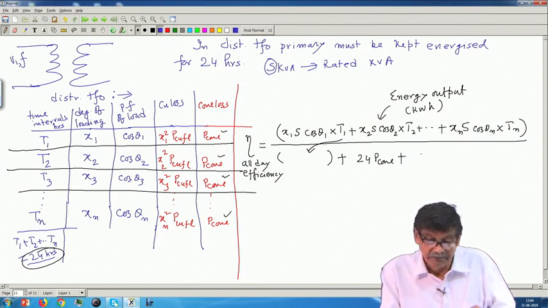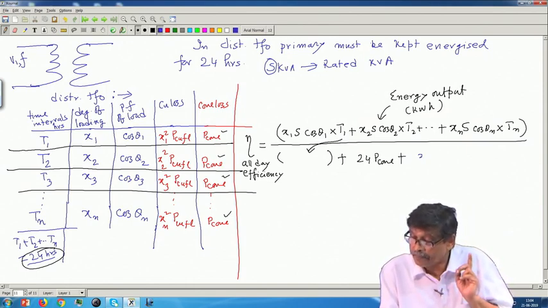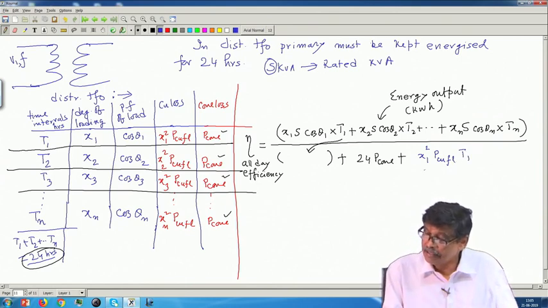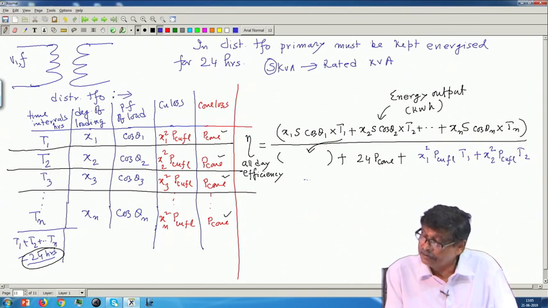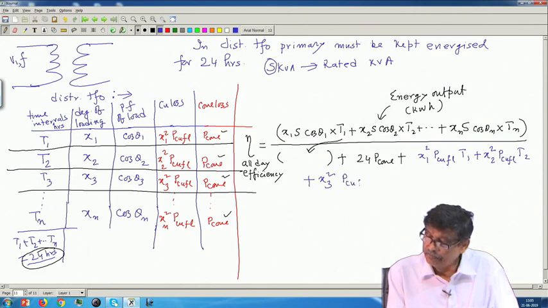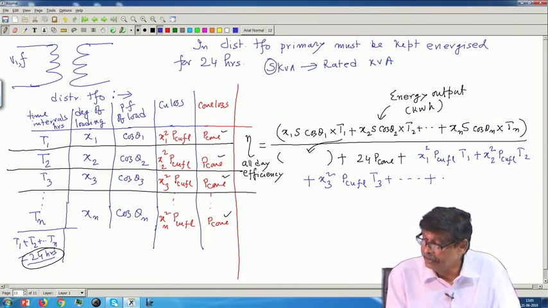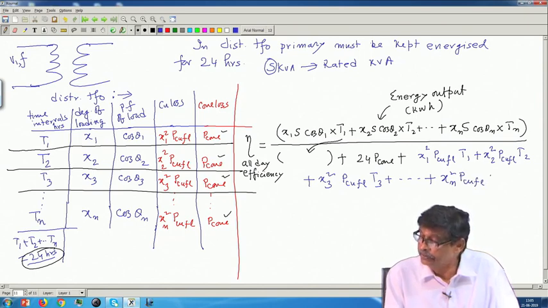For the first T 1 hours, it will be x 1 square P CU full load into T 1, plus for the next T 2 hours x 2 square, because degree of loading changes, P CU full load into T 2, plus x 3 square P CU full load into T 3, plus the last term x n square P CU full load into T n.